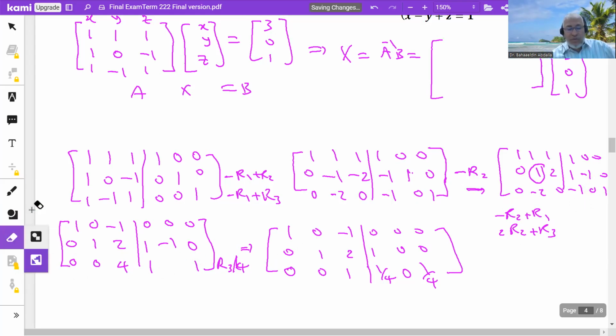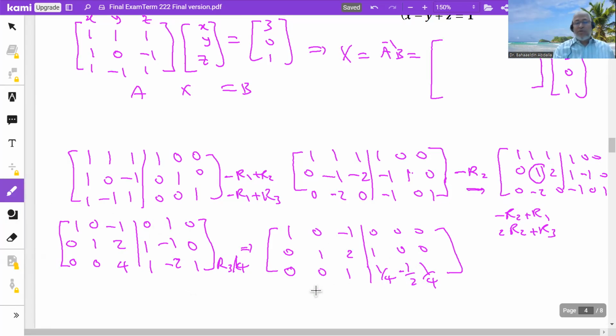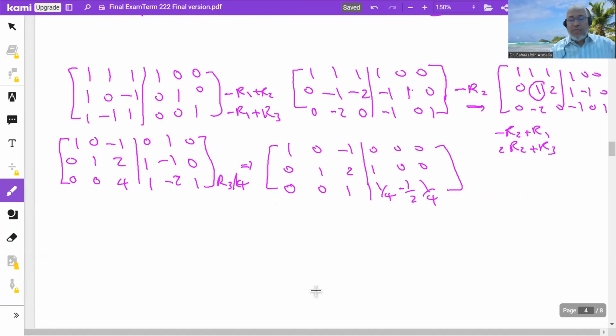Sorry, this is negative 2. And here, negative R2 plus R1, so 1. So this is 1. Now, when I divide by 4, I'll have 1 over 4, and negative 2 over 4 is negative half. So the answer here is negative half. So this is how do you find your mistake and make sure your answer is correct.